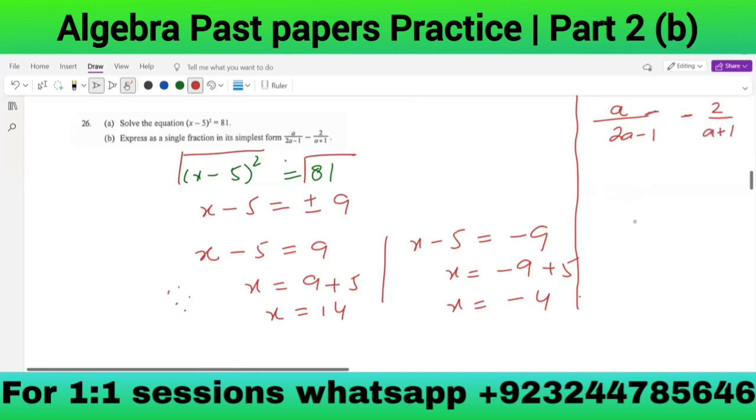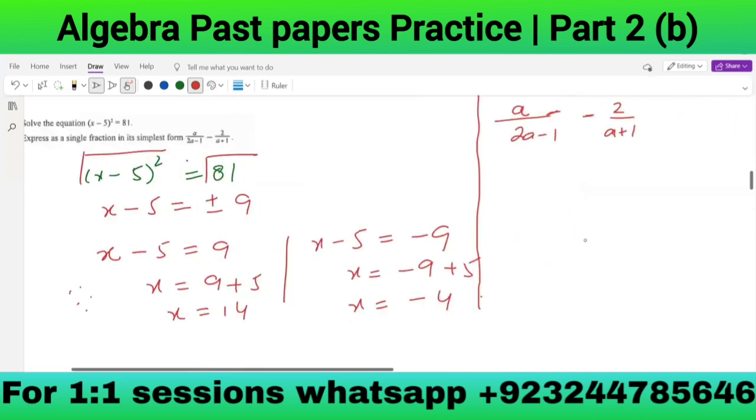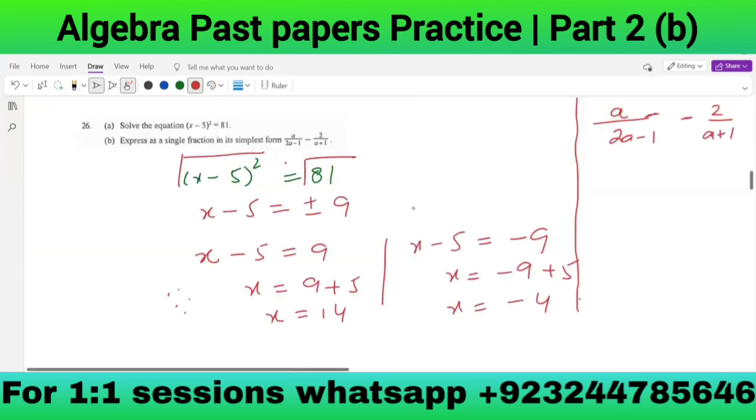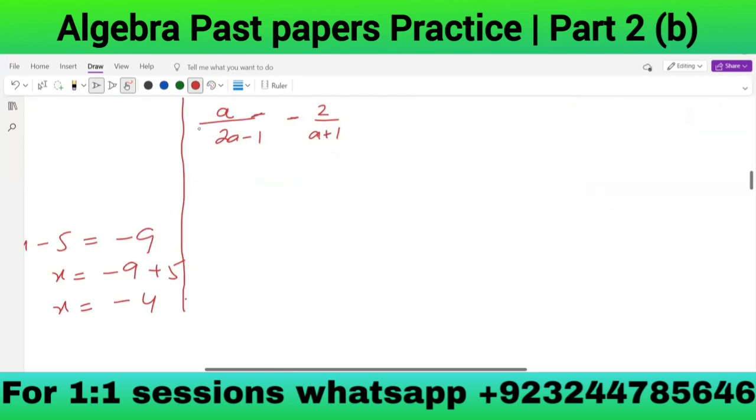So making the denominator the same. For making the denominator the same, a plus 1, a plus 1, 2a minus 1, 2a minus 1.